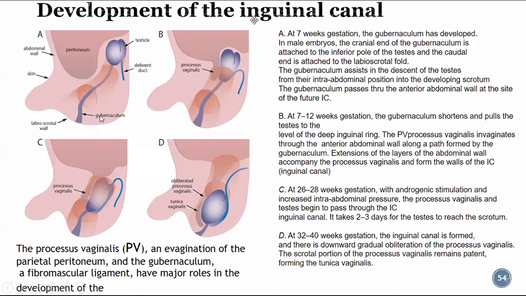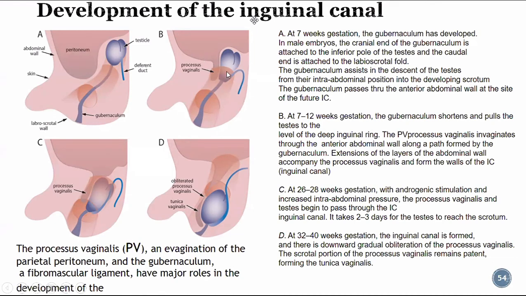Now, the gubernaculum passes through the anterior abdominal wall at the site of the future inguinal canal. So there is no inguinal canal yet, but the gubernaculum has already passed through. At 7 to 12 weeks of gestation, the gubernaculum contracts or shortens, pulling the testis to the level of the deep inguinal ring.